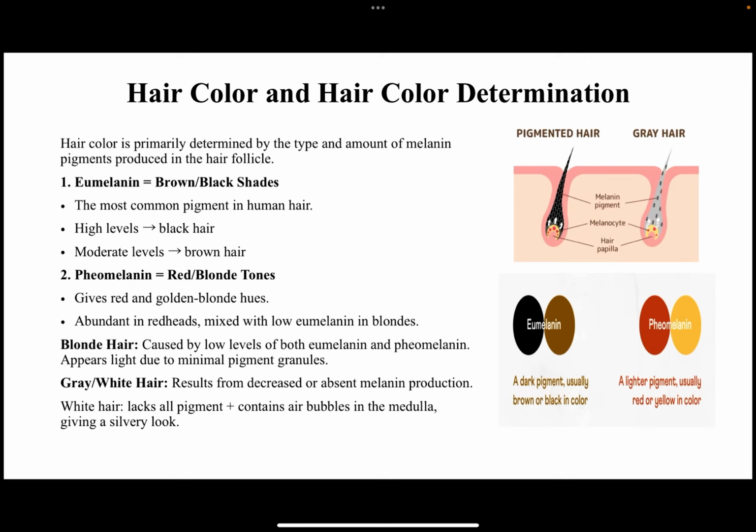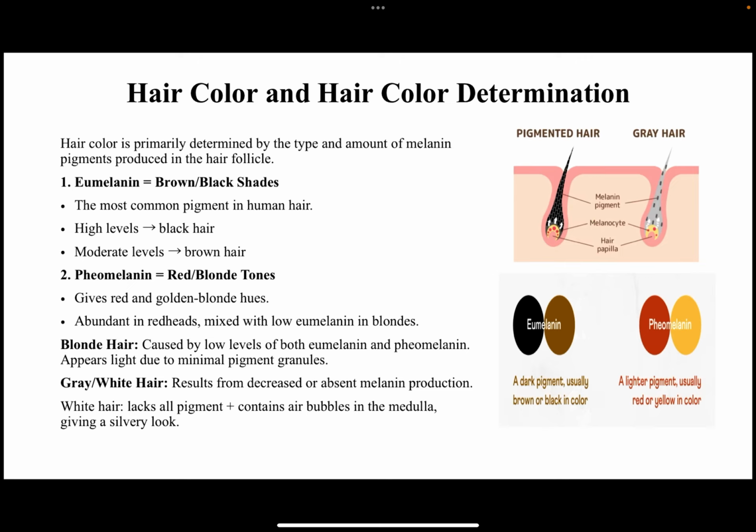And if you meet someone and the hair color is red, it tells you that the melanin pigment within their hair follicle is pheomelanin. Because if pheomelanin is within your hair follicle, your hair would appear red. And if you have pheomelanin alone and it's moderate, your hair color will appear yellow.